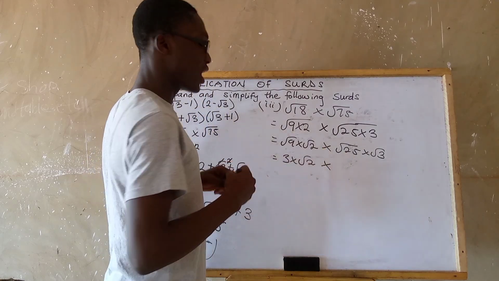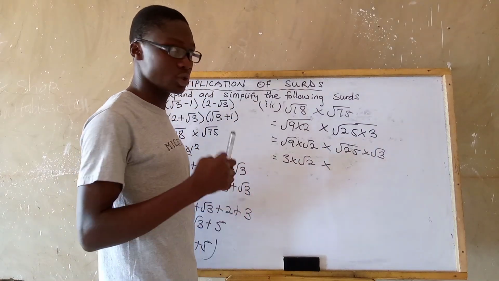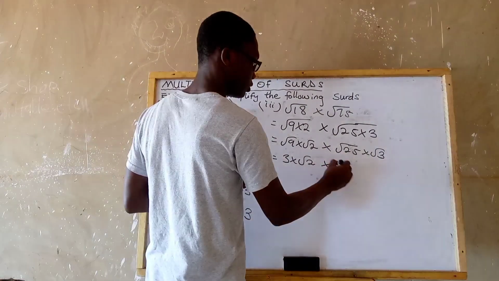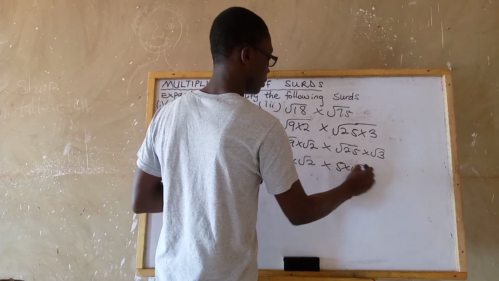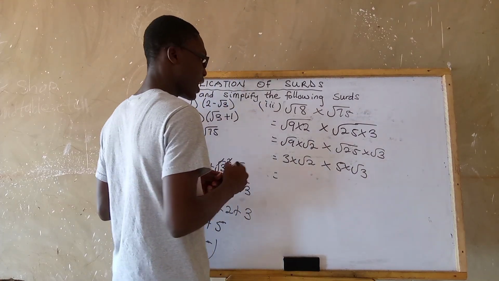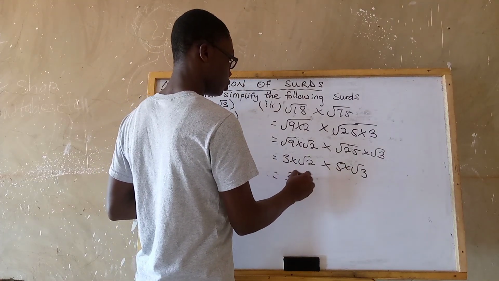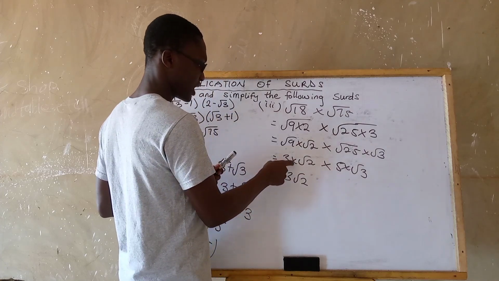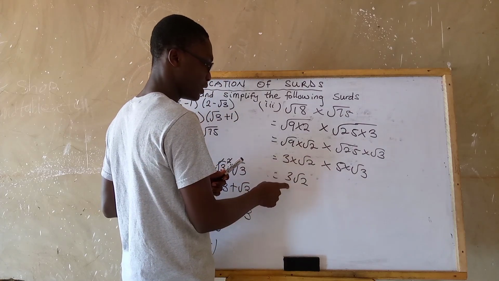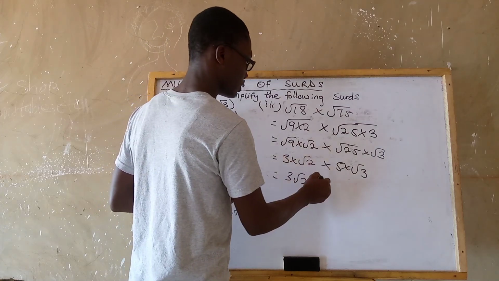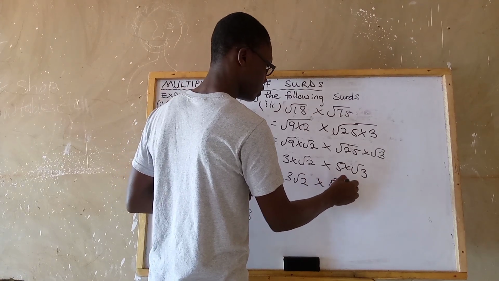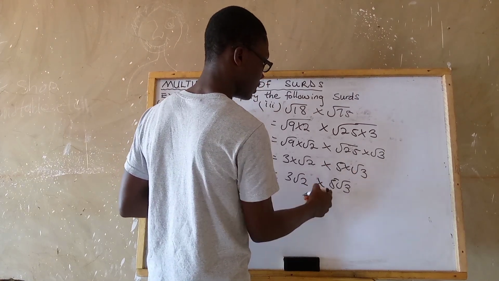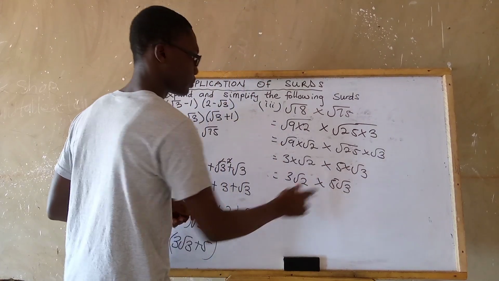So that means, what number multiplies itself to give us 25? The number is 5. So 5 times root 3. Now we have 3 root 2 because 3 times the one in front of the 2 gives us 3, then root 2 times 5 root 3. So 5 times 1 gives 5, then root 3.